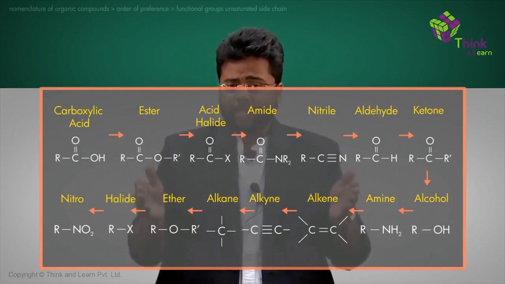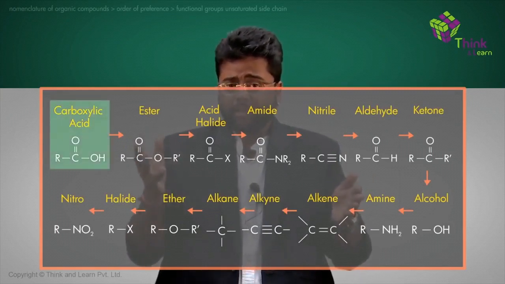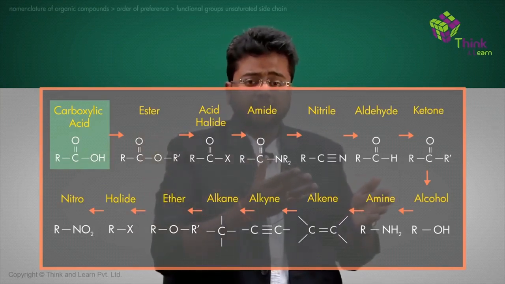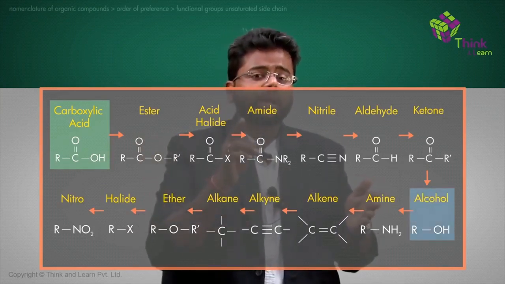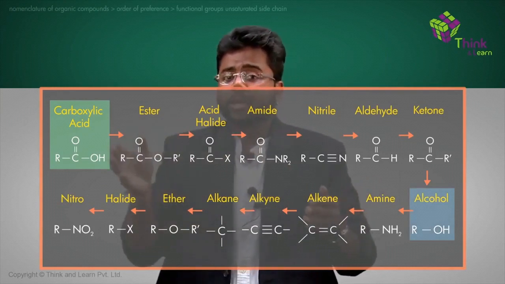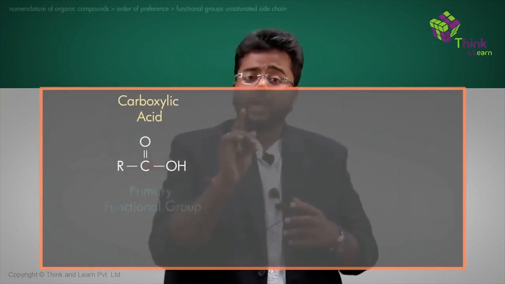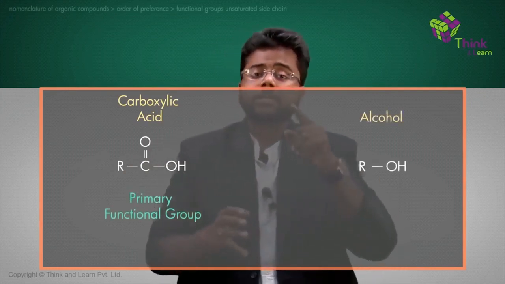In this priority series, carboxylic acid has the highest priority. And if you come somewhere down over here, this is alcohol. So who's getting the higher priority? The carboxylic acid has a higher priority. So that means carboxylic acid over here is the primary functional group and alcohol is the secondary functional group.